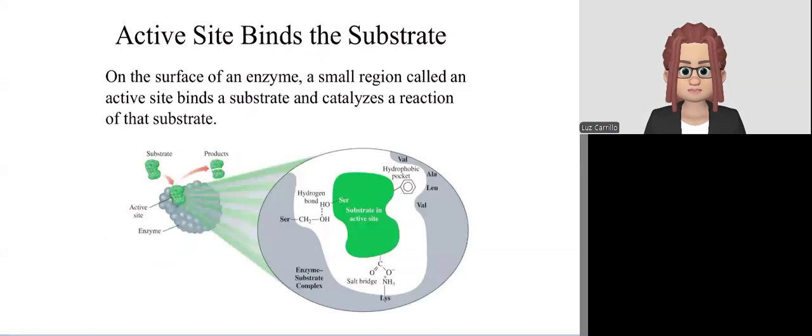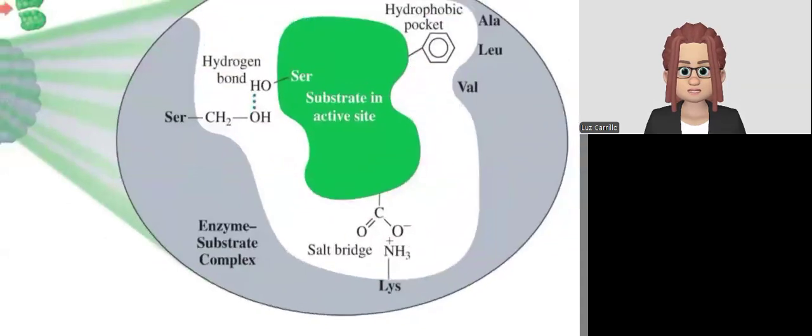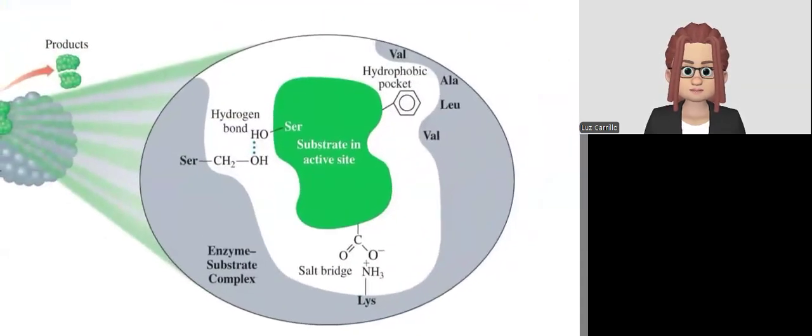When we look more closely at the active site of an enzyme, let's understand that in biochemistry, a substrate is another word that we can use for reactant. And the substrate binds specifically at the active site via interactions.